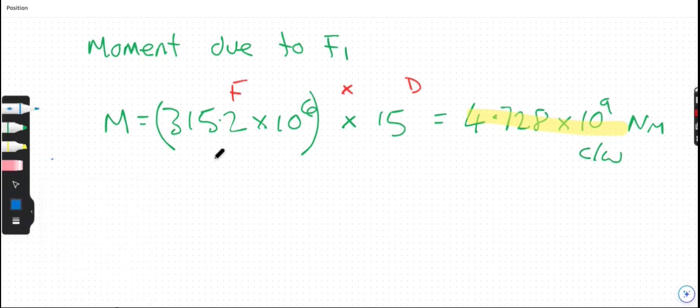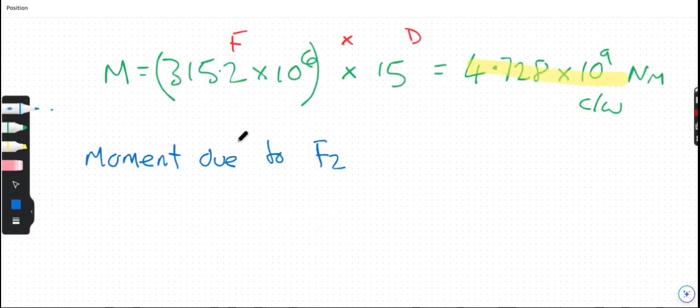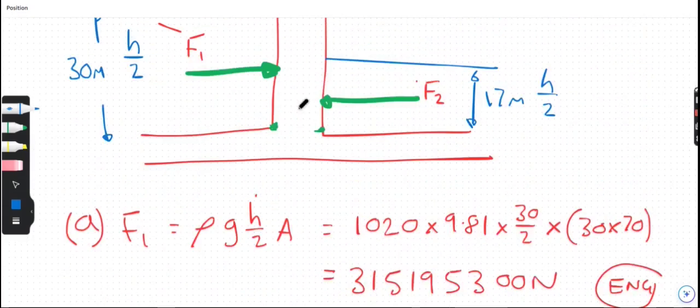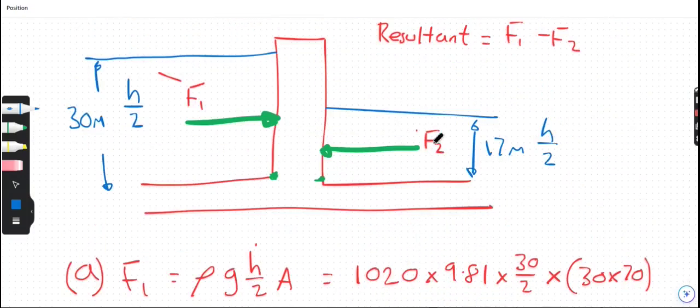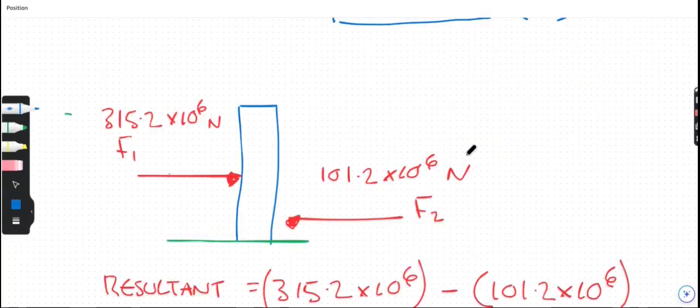And then do the same thing for the moment due to F2, which is going to be force times distance. So the moment is going to be, what is F2? F2 is 101.2 mega, and we've put it halfway, so it's going to be half of 17, divided by 2.